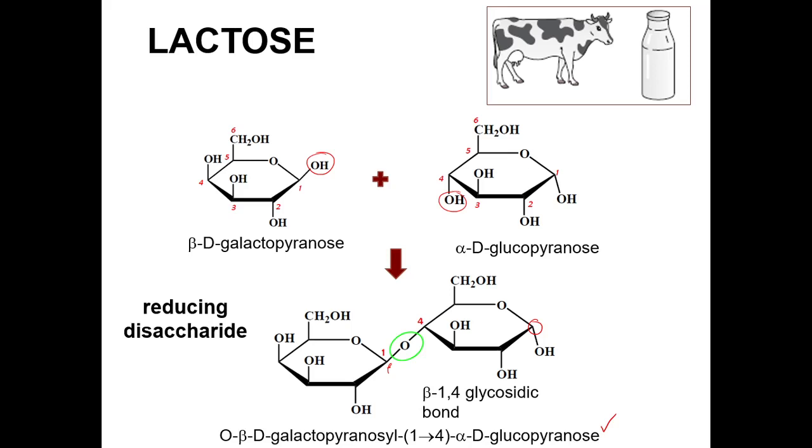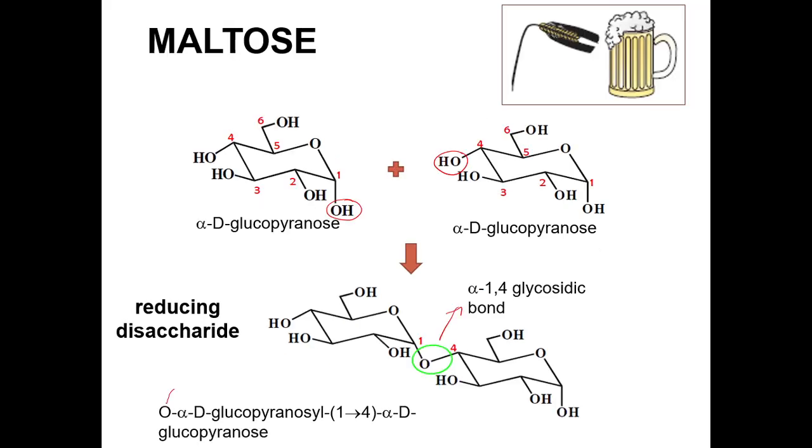So, this will react. Meron tayong tinatawag na Benedict's reagent. And then, I will show this in the laboratory. And that will give you a red color. So, the disaccharide, when you subject it with Benedict's test, it will give you a red color. And that will give you an indication that it's a reducing disaccharide. Same goes with maltose because you have a free here, anomeric carbon.